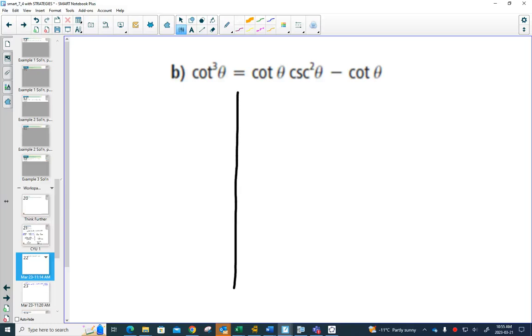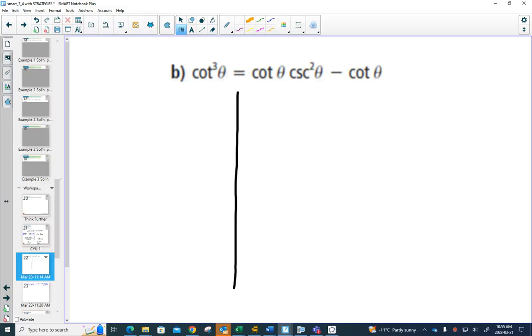Again, you could do this by changing to sine over cos, but one of the strategies that we're going to start to look for and develop is the idea that if there's a relationship on both sides, like in this case, we have cotangent and cosecant.